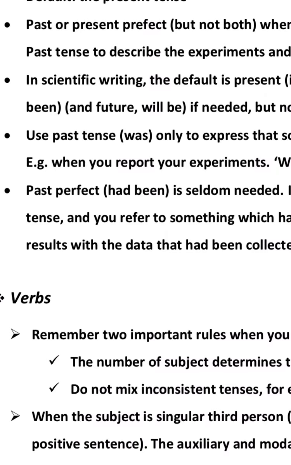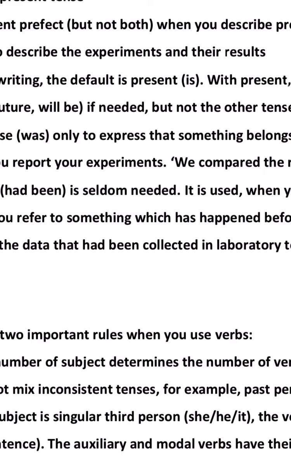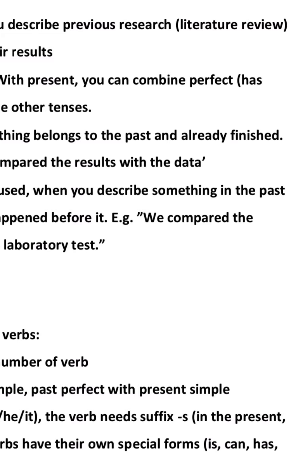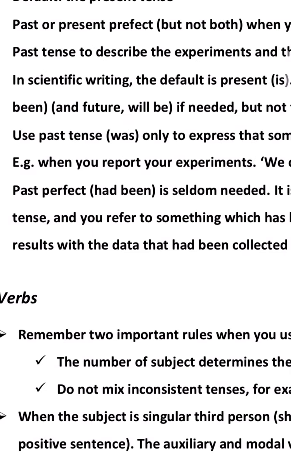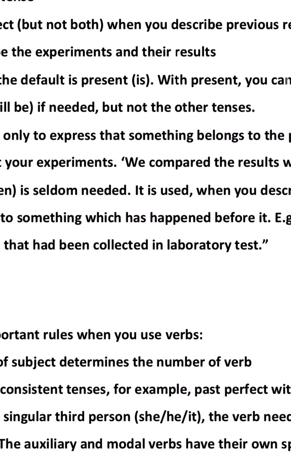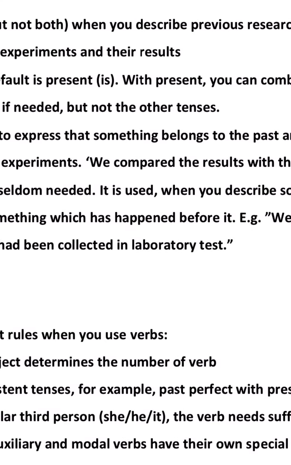The past perfect, had been, is seldom needed, meaning rarely needed. It is used when you describe something in the past tense and you refer to something which happened before. You link it to something that happened before, the far past.